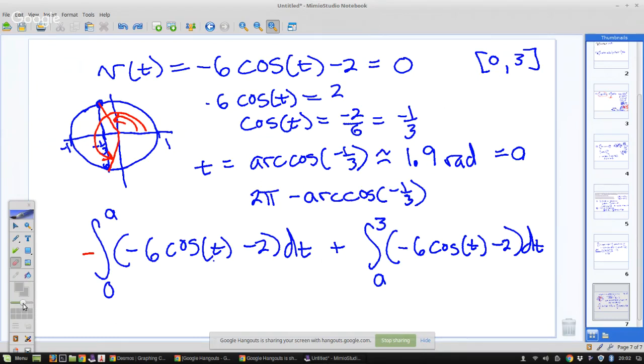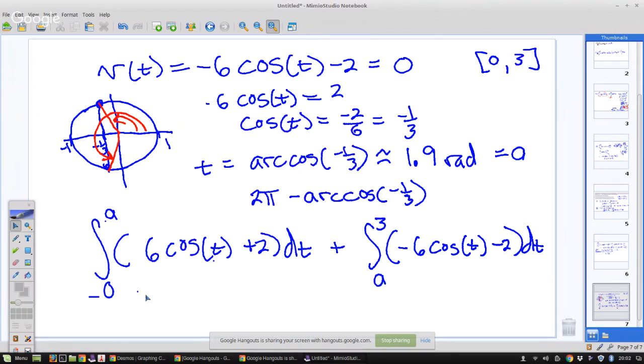Perfect. So this negative is going to change the sign here and here, where A is the arc cosine of negative 1/3. Now the antiderivative is pretty similar, except we just have some sign changes.